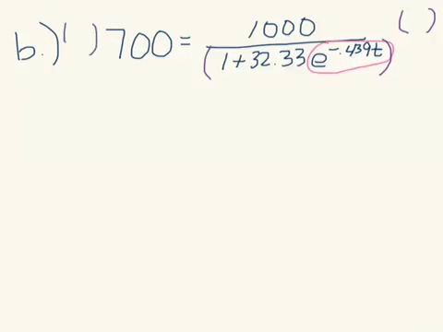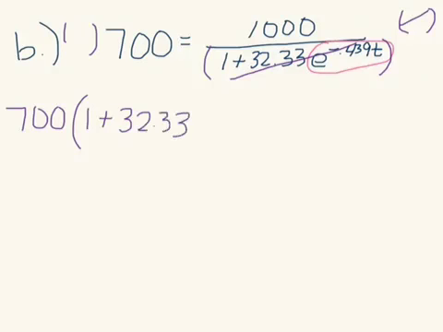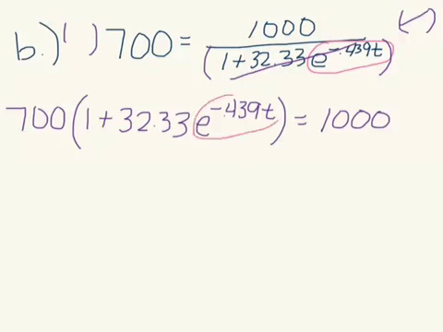Doing that cancels the denominator on the right side of our equation, and on the left side of our equation we end up with 700 times that stuff in parentheses, 1 plus 32.33 e to the negative 0.439t equals 1,000. Now you've gotten rid of the fraction.